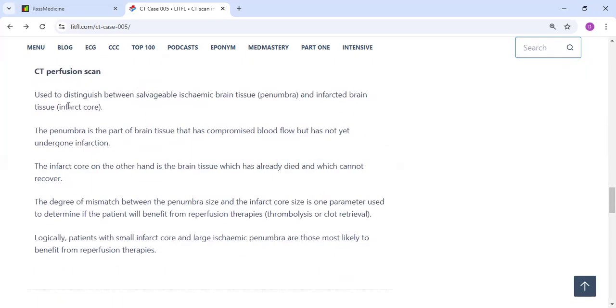Then you have the CT perfusion scan, which is used to distinguish between salvageable ischemic brain tissue, called the penumbra, and infarcted brain tissue, called the infarct core. The penumbra is brain tissue that has compromised blood flow but has not yet undergone infarction. The infarct core, on the other hand, is brain tissue which has already died and cannot recover.